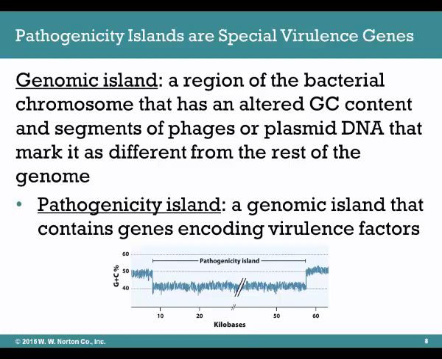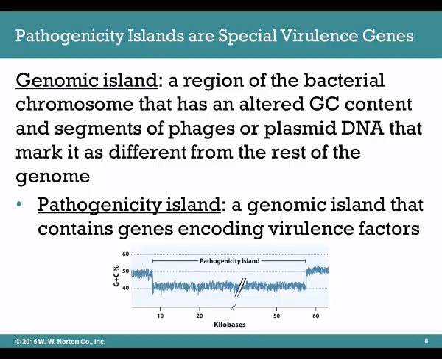So we did learn about plasmids. And within plasmids, these extrachromosomal pieces of DNA that are quite a bit smaller than the genomic or chromosomal DNA, you will find fragments of DNA that are a region within either the chromosome, or especially found on bacteriophage viruses within their genome, or within plasmid DNA of bacteria, that mark it as different than the rest of the genome.